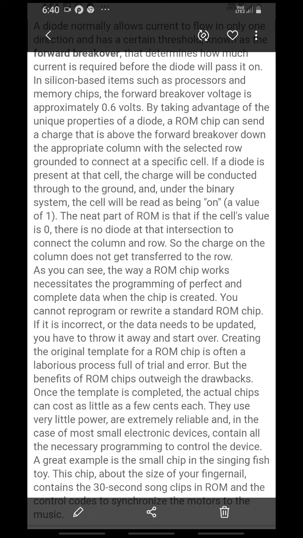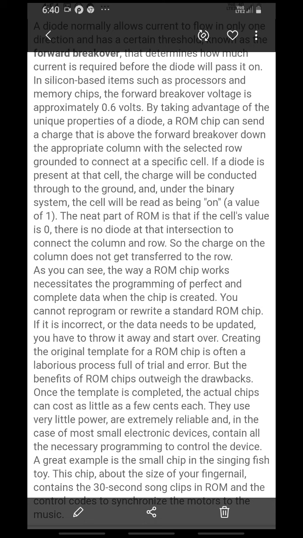Once the template is completed, the actual chips can cost as little as a few cents each. They use very little power, are extremely reliable, and in the case of most small electronic devices, contain all the necessary programming to control the device.